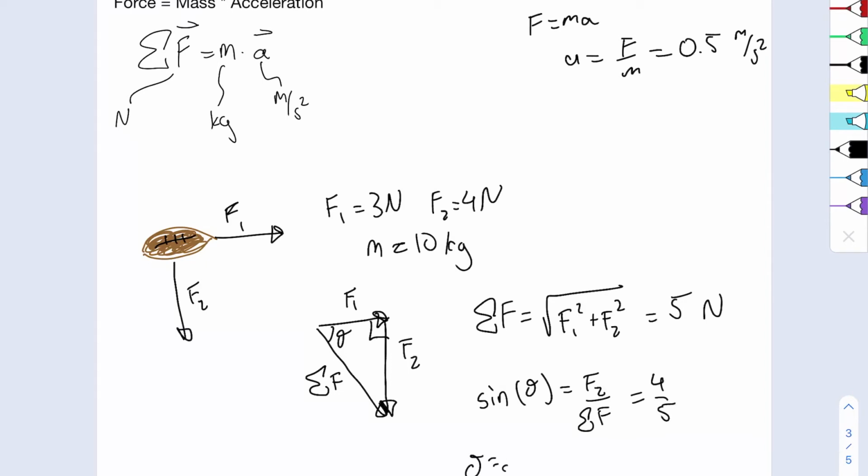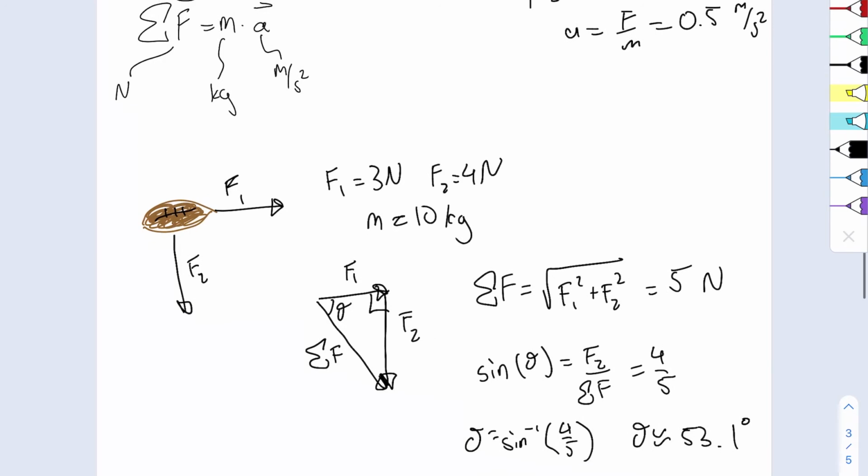So theta is equal to sine inverse of 4/5, and plugging it into our calculator we get that theta is approximately 53.1 degrees.